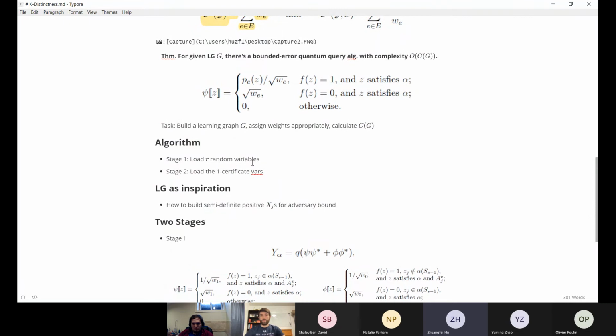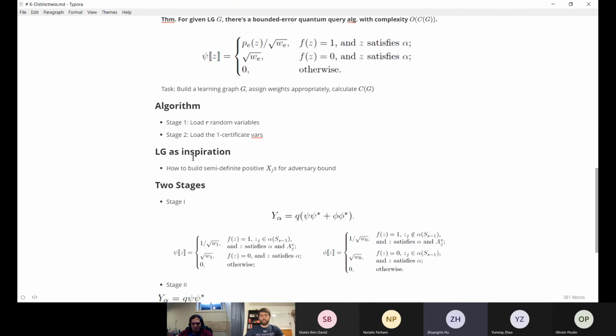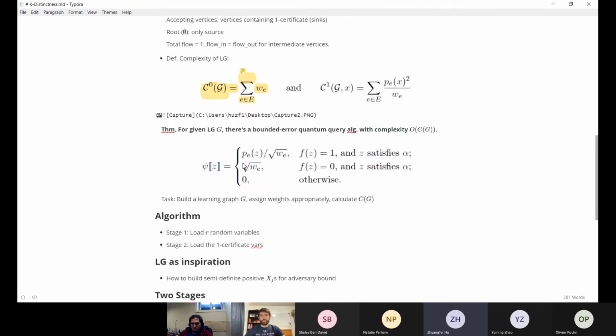So how has this paper improved from this original algorithm? It used a learning graph as an inspiration. It tries to build a semi-definite positive X for the adversary bound.